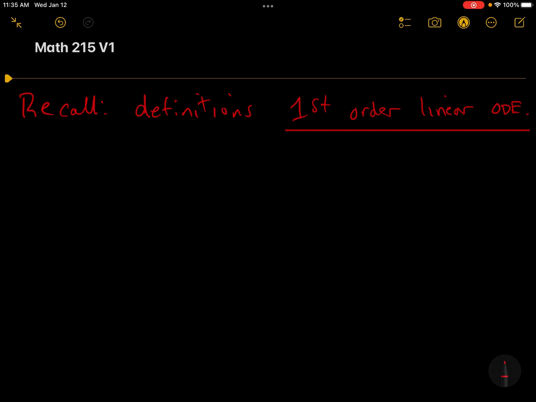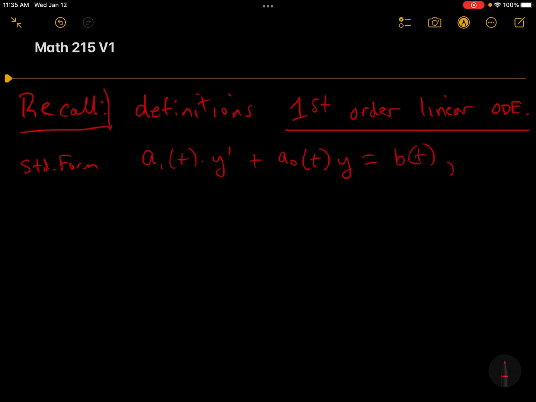So in this recollection we're going to look at a standard form here, and using the notation we have a1 of t times y prime plus another t function a0 of t times y, and this equals some t only function b of t. It's important to note that this a1 function is non-zero on some interval I. It's usually all the real numbers, but if there are t's involved, sometimes there can be a point you have to take out or a whole section.